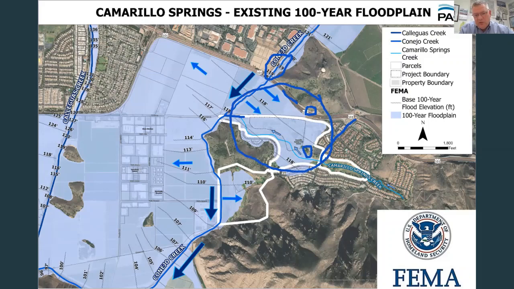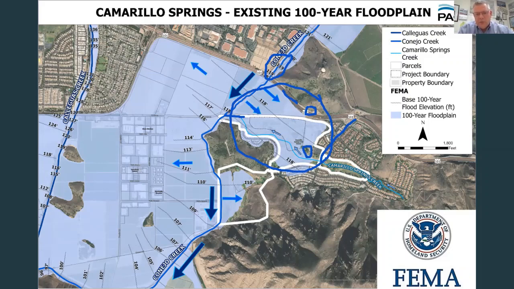And everything shaded in this light blue is part of the current 100-year floodplain. The majority of that 100-year floodplain comes from the banks of the Conejo Creek overflowing during a large flood event.